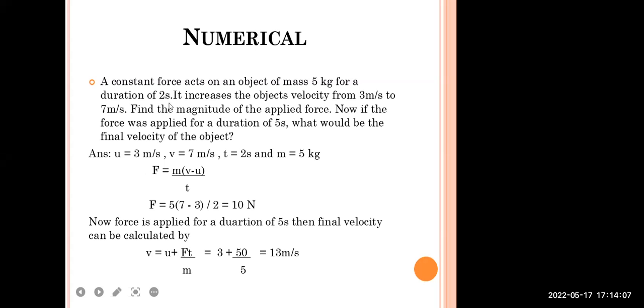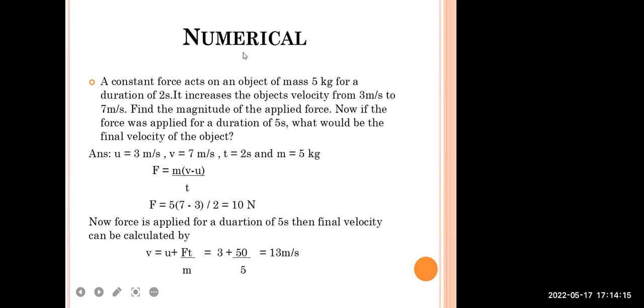Wait. Is the screen visible? Everybody can see the screen, numerical.